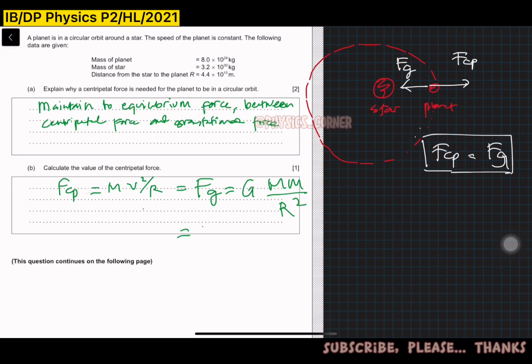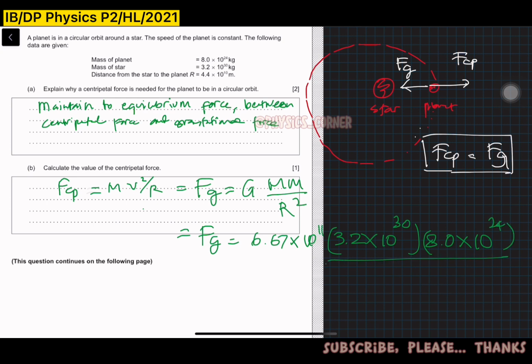So F gravitational, G is 6.67 times 10 to the power negative 11. And the mass of the star first is 3.2 times 10 to the power 30, and the mass of the planet is 8.0 times 10 to the power 24, divided by the distance 4.4 times 10 to the power 10, squared.